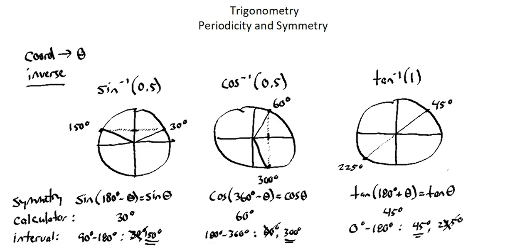The interval could be 0 to 720 degrees, and then along with 30 and 150, I would add in 390 and 510. So note that what the calculator gives you is the first angle that has the inverse value. It's then up to you to decide which angle or angles meet the particular scenario you're working with.